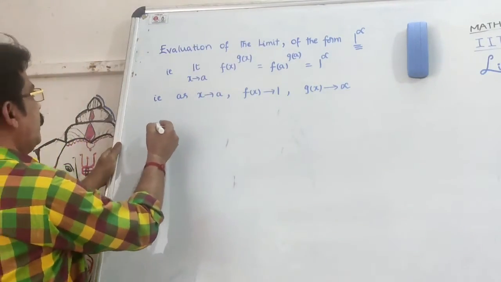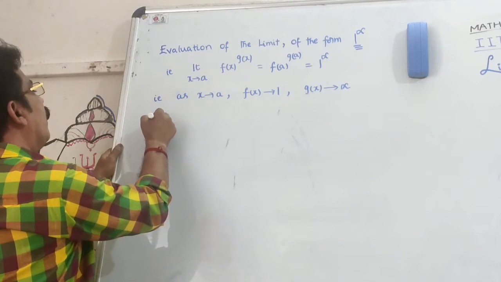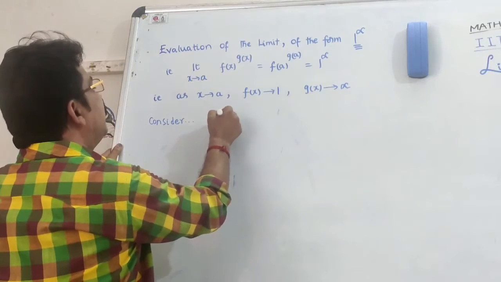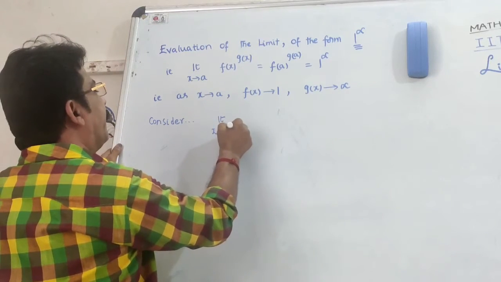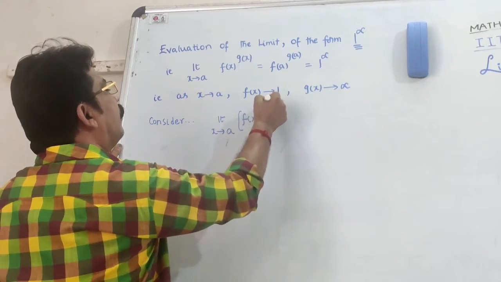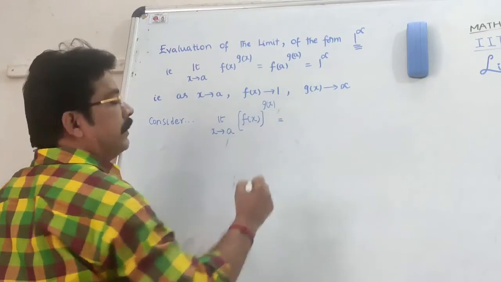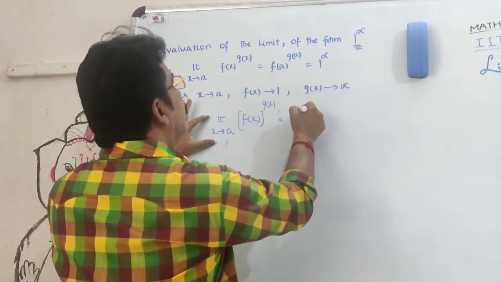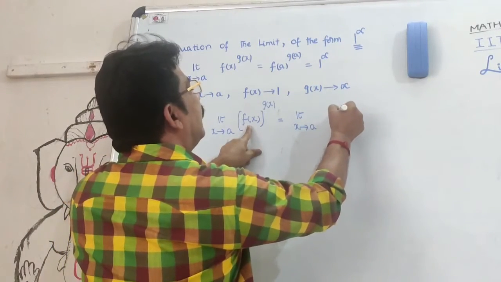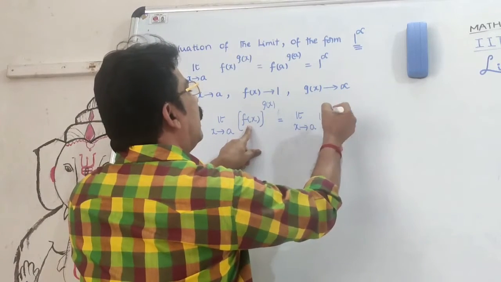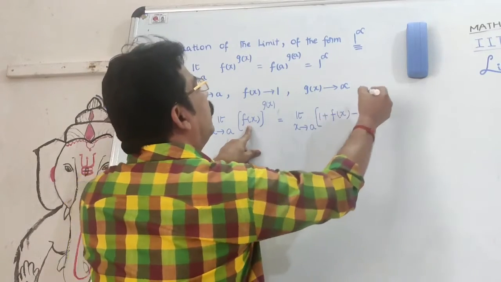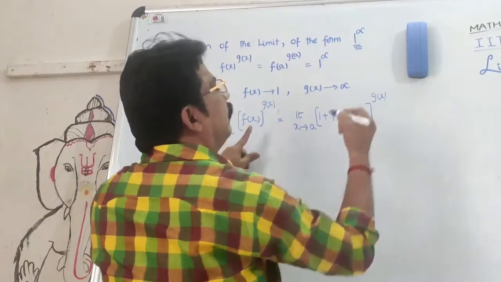Okay, now let us consider limit as x tends to a, f of x whole to the power of g of x, that is equal to limit as x tends to a, just for f of x add 1 and subtract 1 without loss of generality.